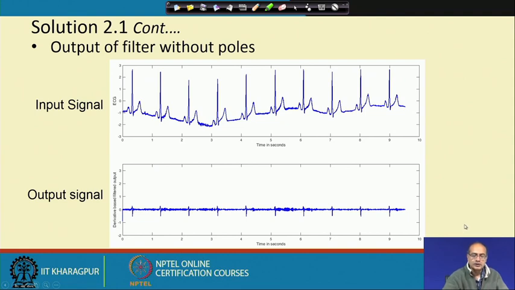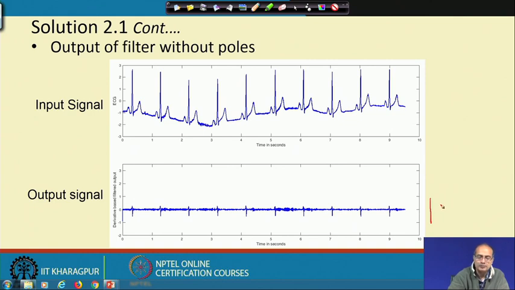So, first we get the signal for the case when there is no pole in the derivative filter, the simplest case. What we notice is that the baseline wandering has been removed, but the signal amplitude is reduced to a great extent.